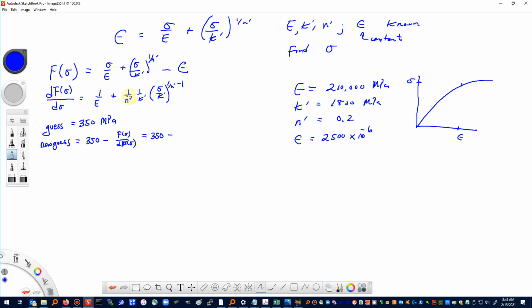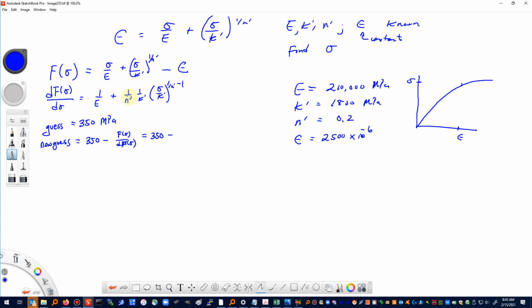So I have my 350 megapascals divided by my modulus of elasticity, 210,000, and I got my 350 divided by 1800 to the 1 over 0.2, which is the 5th power. I'm going to add those two terms together, and I get almost 2,000 microstrain. So I'm probably in the neighborhood of around the right value for this.